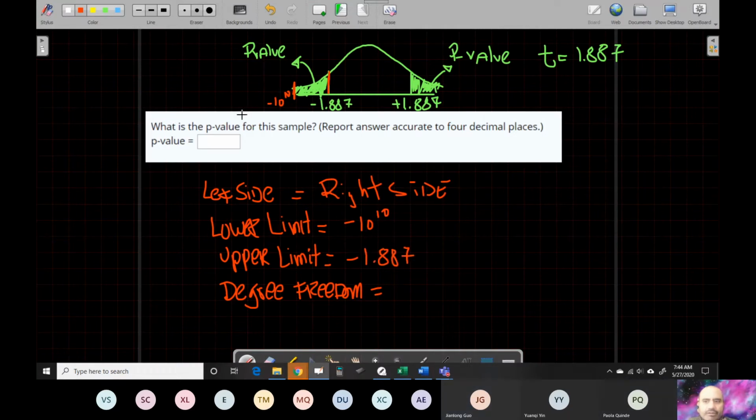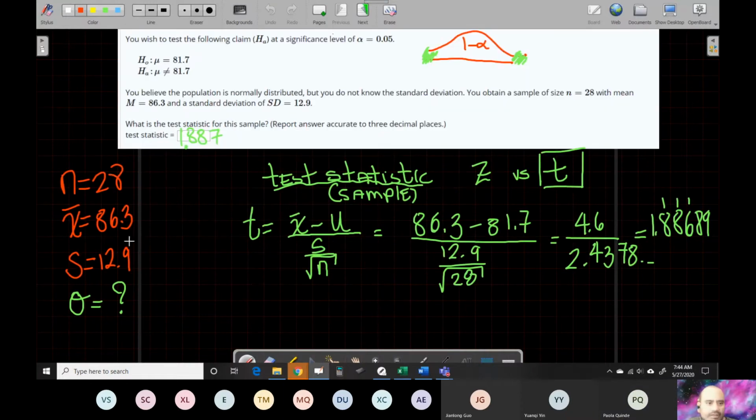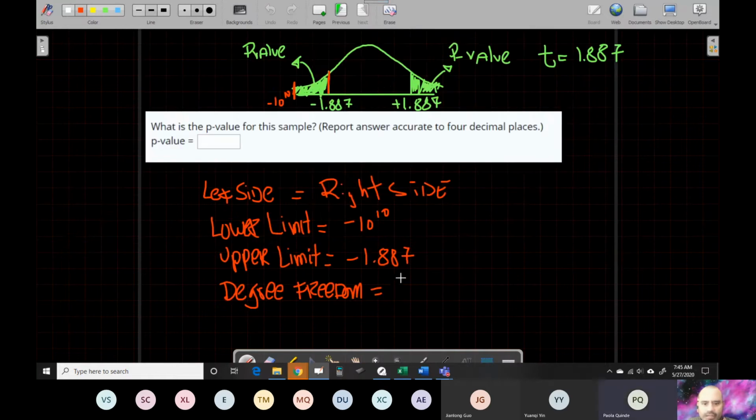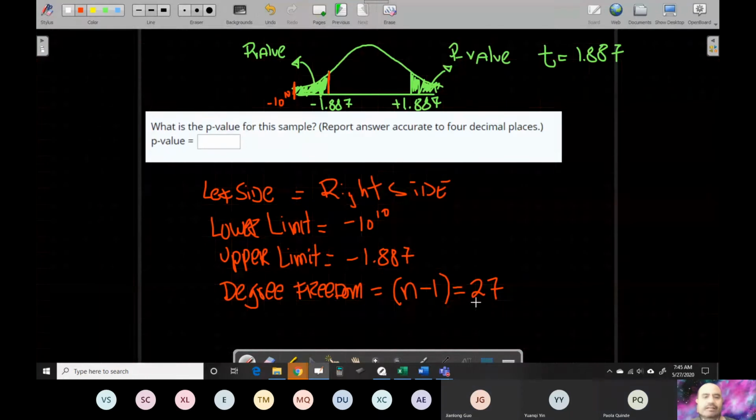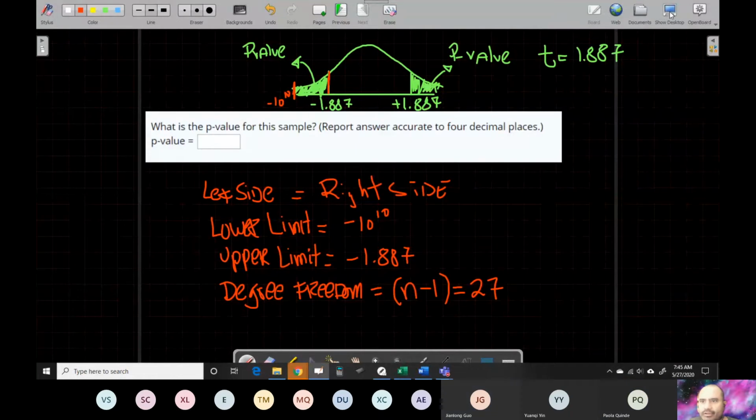And the degree of freedom is the sample size minus 1. The sample size was 28. So the degree of freedom is n minus 1, which is equal to 27. Okay, so we are ready to go into the calculator and ask the calculator, what is that value there? What is that number? Okay, so we're going to go to the calculator and we're going to do that.